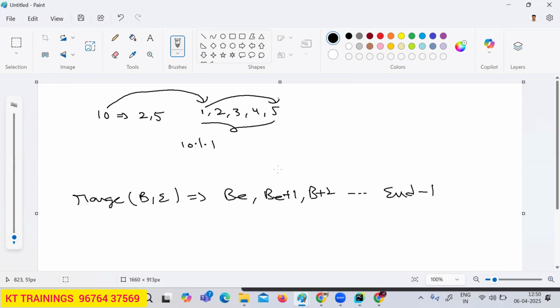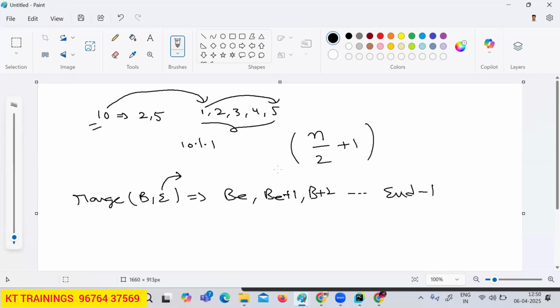If the number is 10, the ending value is 5. What is the formula? N by 2. But as part of the end value, we have to take one value extra because n minus 1 is what we get. So N by 2 plus 1 we can write.